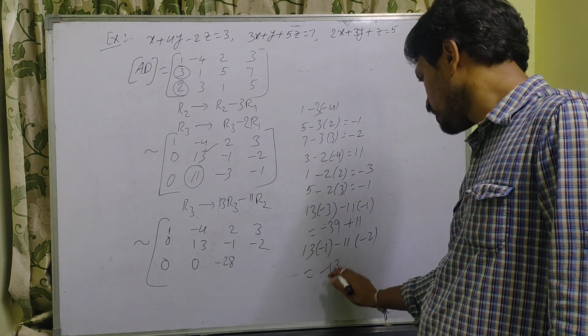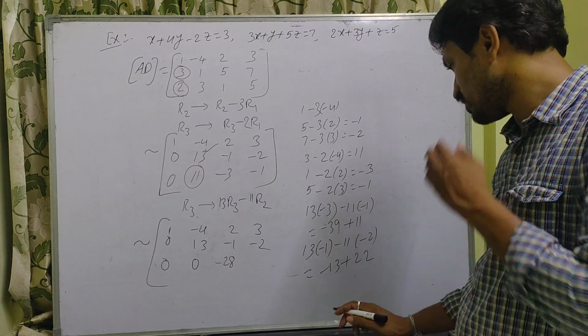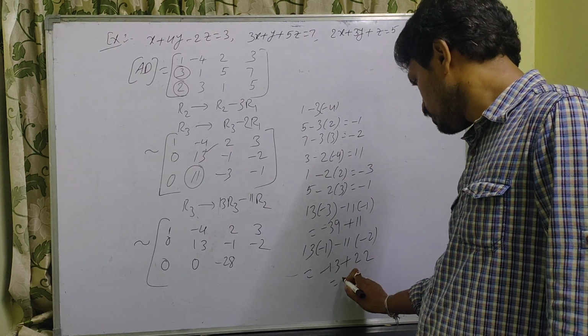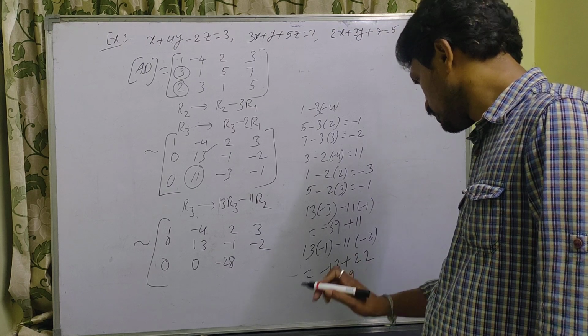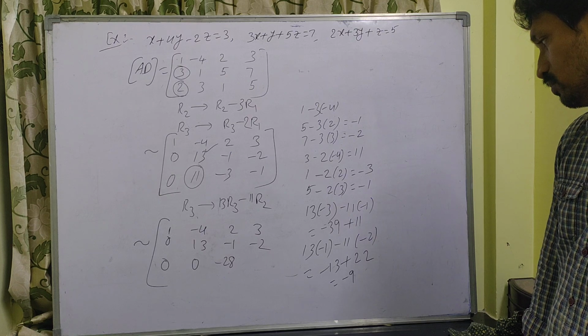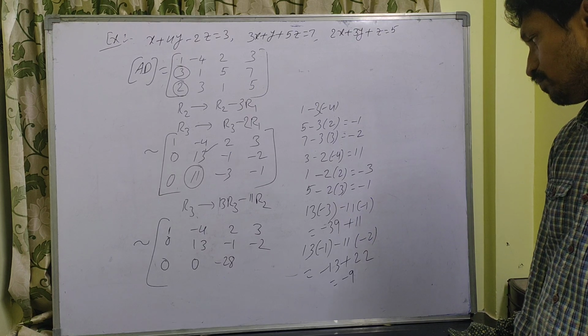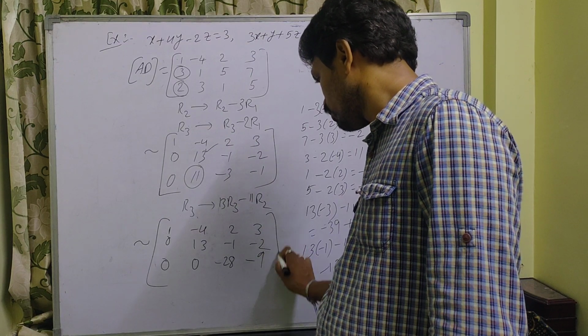This is minus 13 plus 22. Minus 13 plus 22 is nothing but 9. So 9 right here.